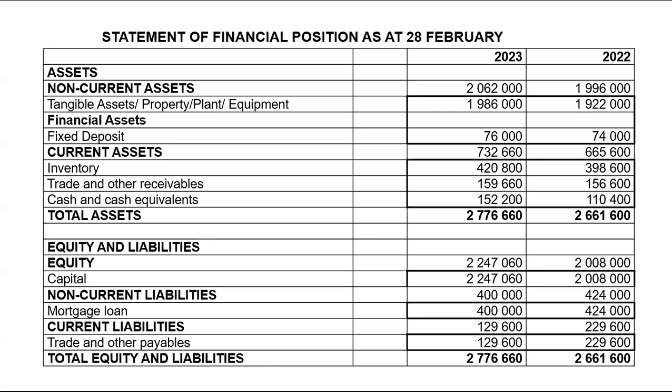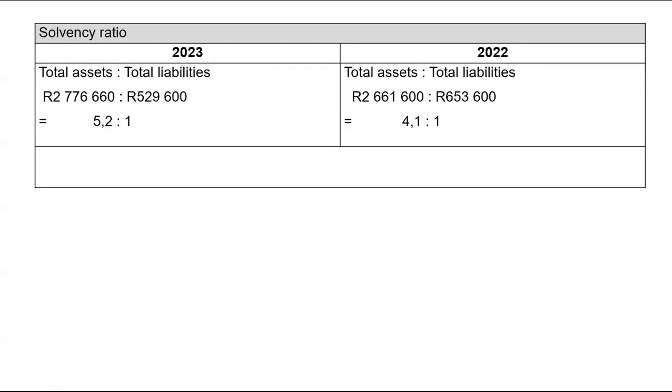So to calculate your total liabilities, you took your non-current liabilities of 400,000 and added them to your current liabilities of 129,600. And as I've said, that will give you 529,600.